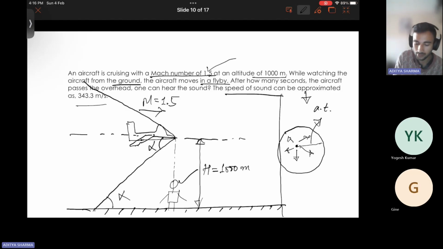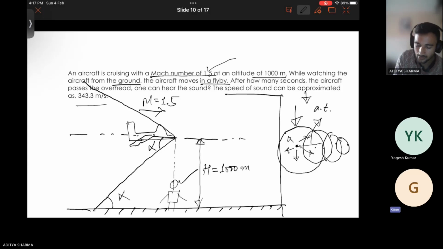Initially the aircraft will be in this circle, but there will be a time when the aircraft will be like this, something like this.